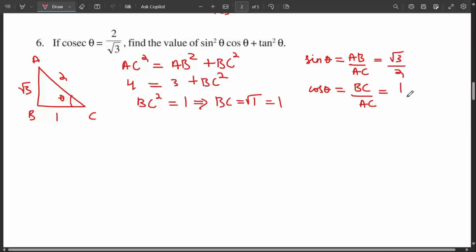So BC is nothing but 1. AC is equal to 2. So tan theta is opposite side AB divided by the adjacent side BC. So AB is equal to square root of 3 divided by BC is 1. So the answer is square root of 3.